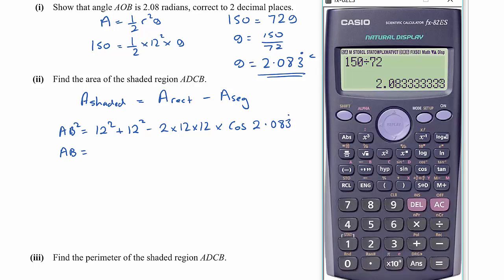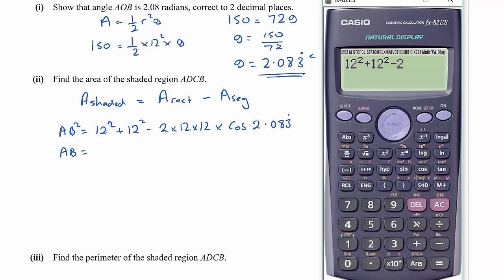And so let's just make sure my calculator's in radian mode. So radians is 4. And so what do we get? We've got 12 squared add 12 squared.